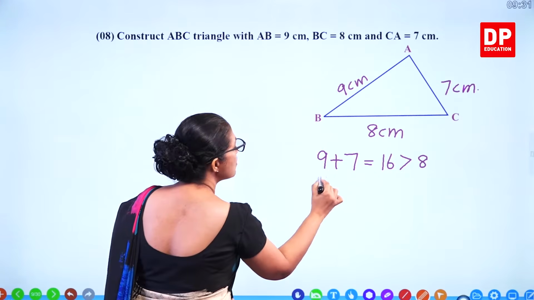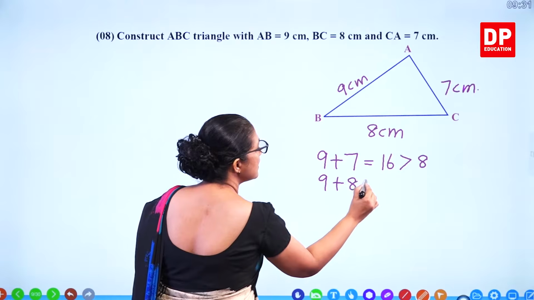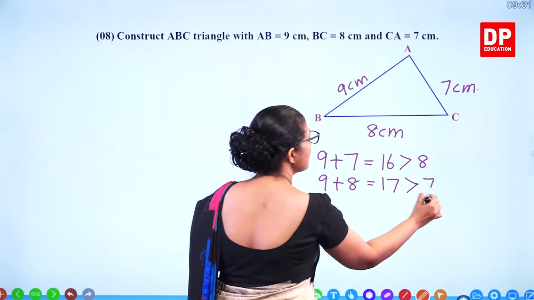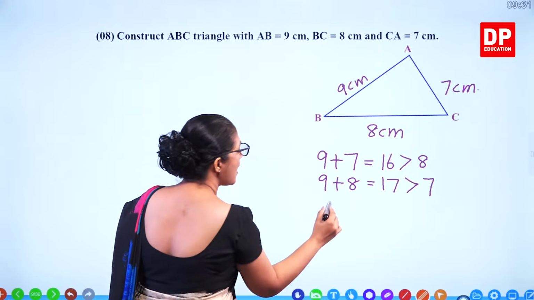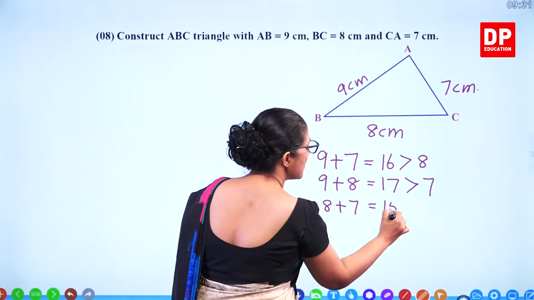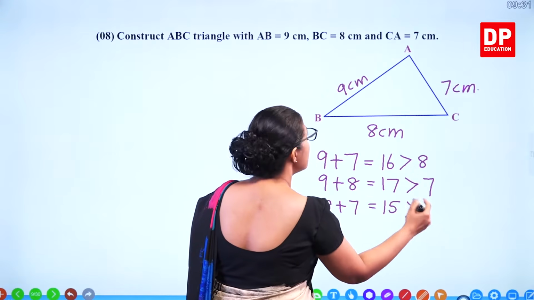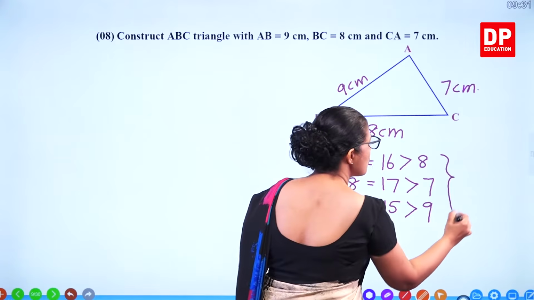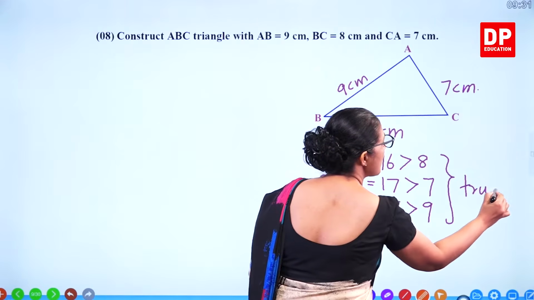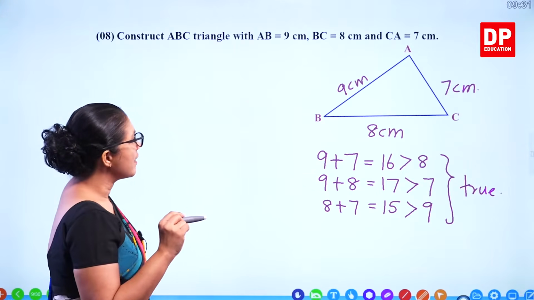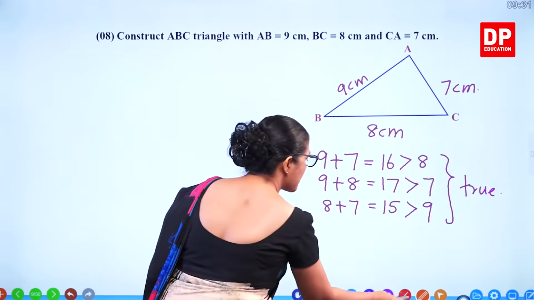Then take the other two sides, 9 plus 8, 17. That's greater than 7. Then the other two sides, 8 plus 7, that's 15. That's greater than 9. So this is true. So that means you can construct the scalene triangle. So we'll construct it now.